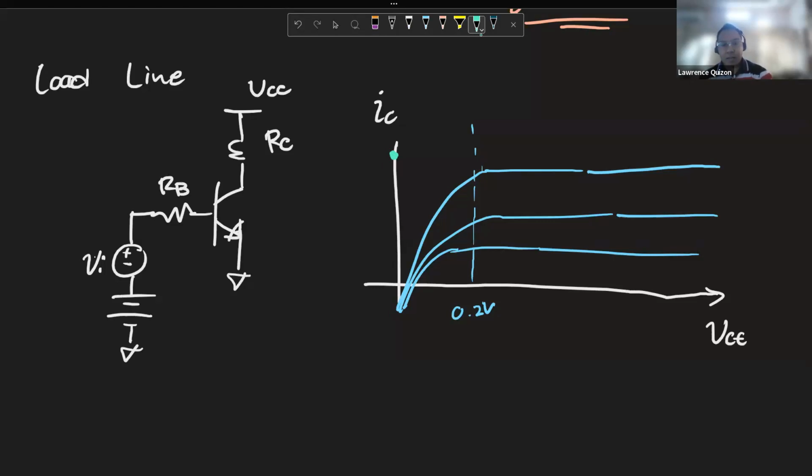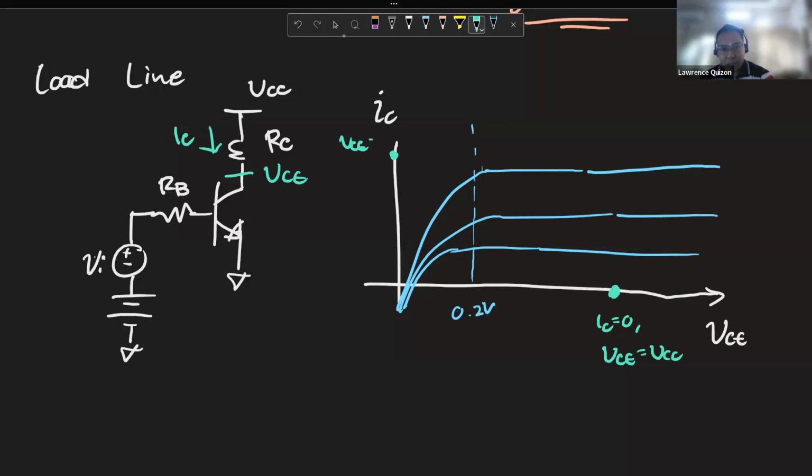Depende sa VCE natin, itong output load has a load line. So at IC equals 0, 'di ba? At IC equals 0, VCE would be VCC, 'di ba? So that's one of the points dun sa load line natin.